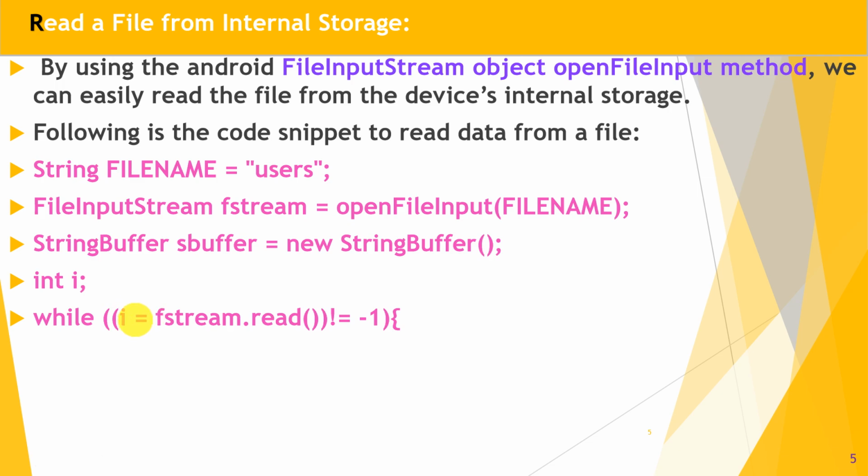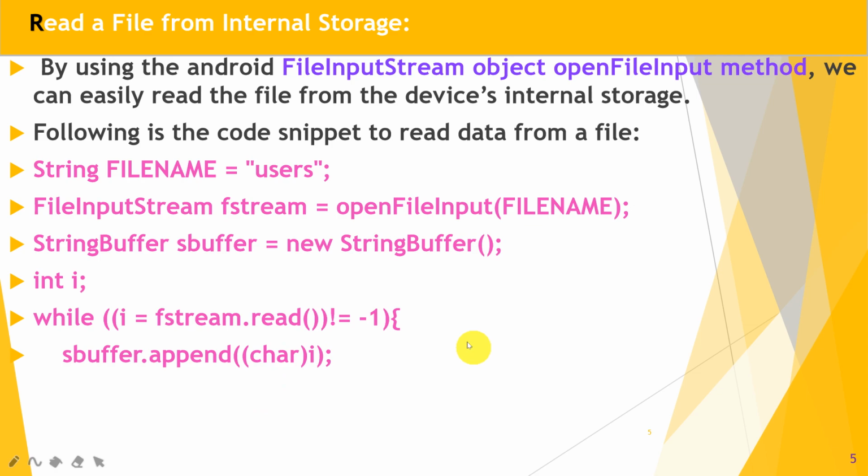So if i is equal to -1, the condition is false and you exit from that while loop. Otherwise, until then you read the data from the file character by character, okay, but it is an integer, it's ASCII, so convert it into the respective character. So using sbuffer.append, append the data character by character in the sbuffer object. So append, and i is an integer, so you can typecast into the respective character form.